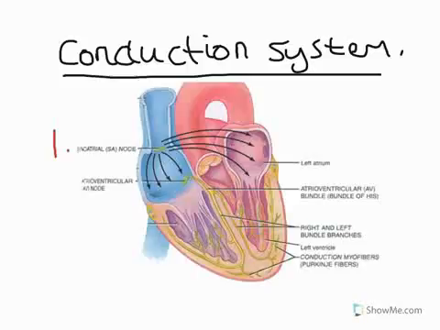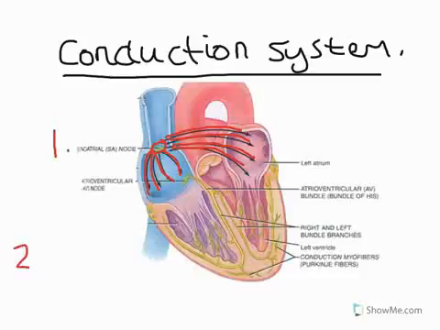So here we have our SA node, and as you see from the arrows that are already there, this SA node emits a signal across what we call the atria, not the ventricles, but the atria. As a result, the atria, as they are electrically stimulated, are stimulated to contract.